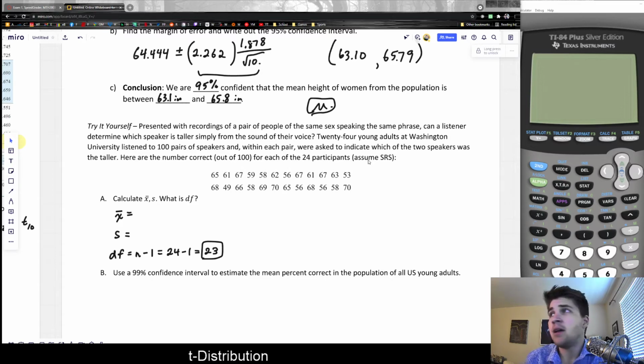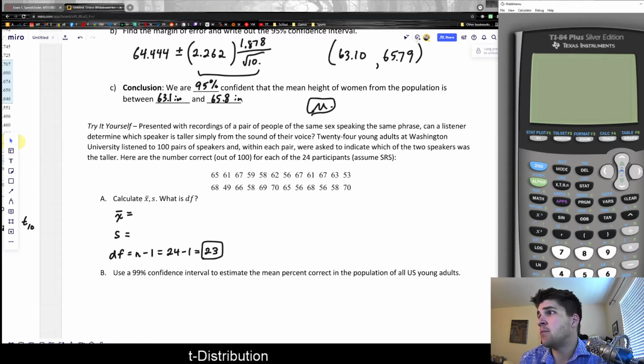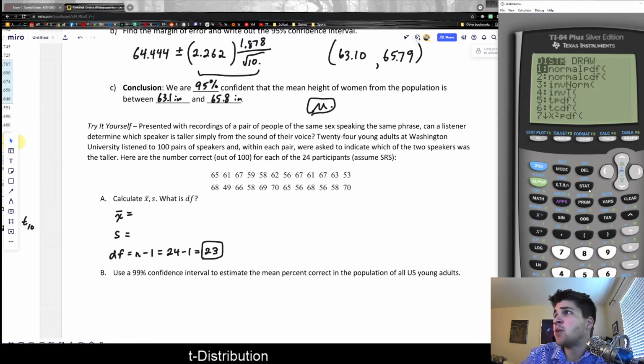We just remember why we care: in our t-table, this will tell us the proper row to look at. Now, in order to calculate the mean and standard deviation, recall that we can use the list feature in a TI-84. If we go into stat and hit edit, we can type in all of our data points into L1. So let's go ahead and do that. 65, 61. I should have done this ahead of time to not make you wait on me to type them all in.